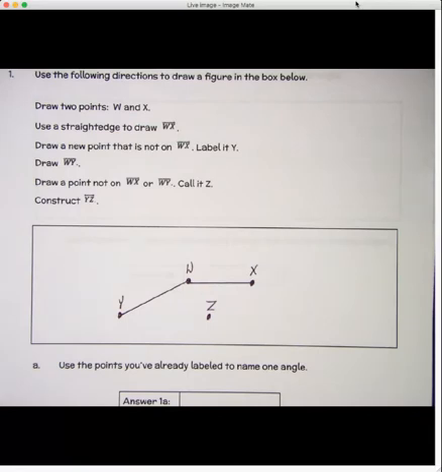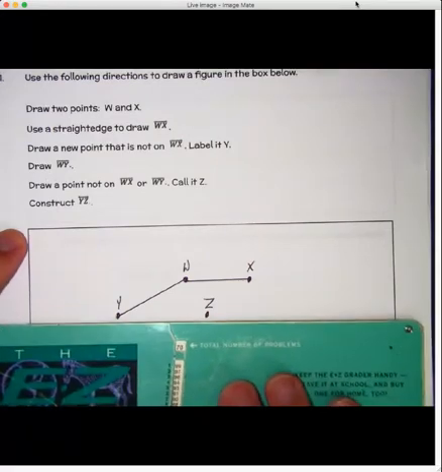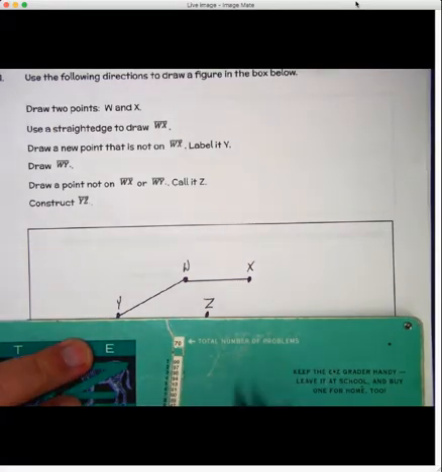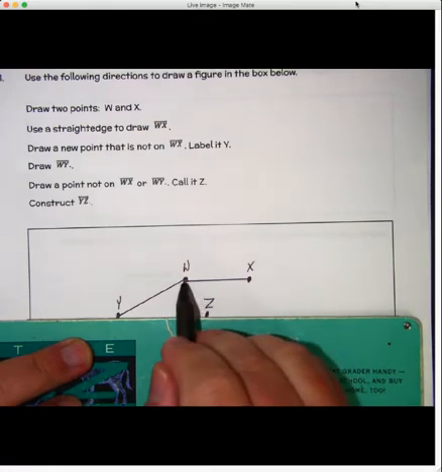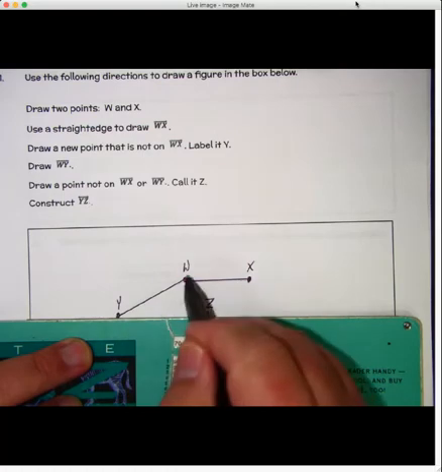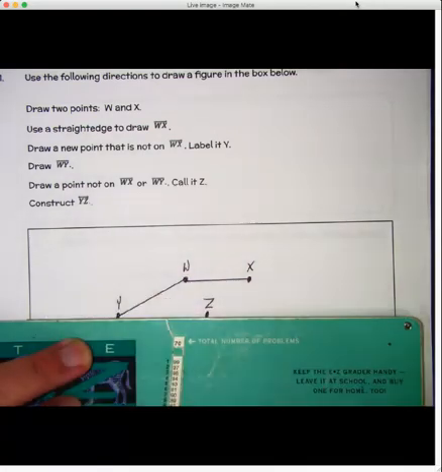Then construct line segment Y, or is it line? I think it looks like a line. It's hard to tell. YZ. So we've got to draw a line this time, YZ. Now, lines have no ending. These have WX. Line segment ends at W and X. A line segment YW ends at Y and W. This says, looks to me, it's kind of hard to see, but I think that says draw a line, YZ.